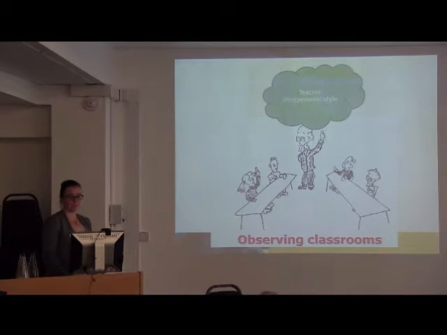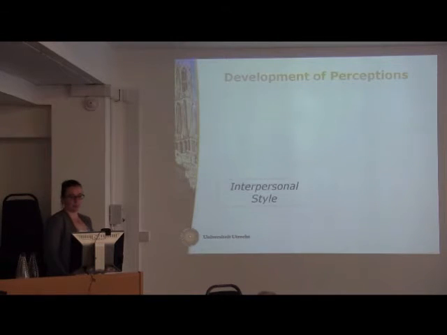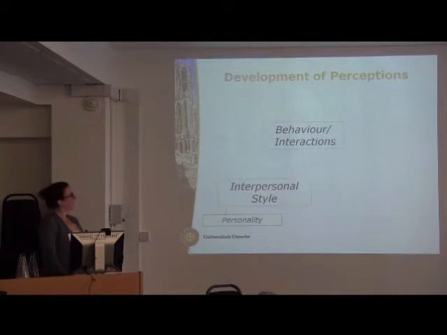So this interpersonal style and behavior starts somewhere. Usually it's closely related to your personality and how you move around and talk to people. Your behavior and interactions tell other people what you do, and they will get perceptions, just like I told you.